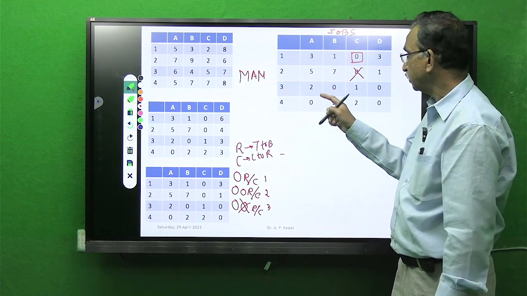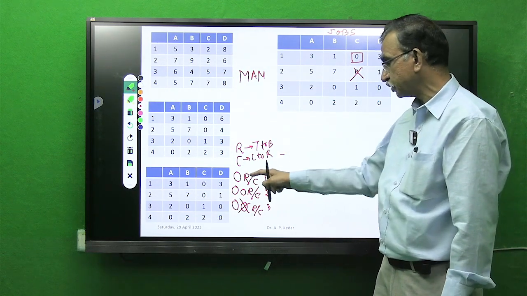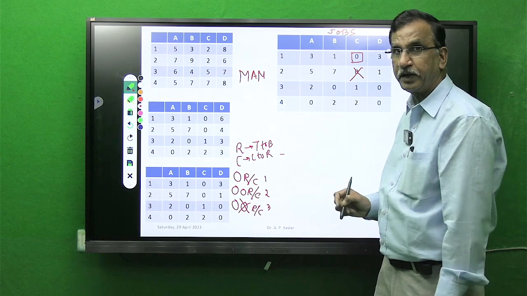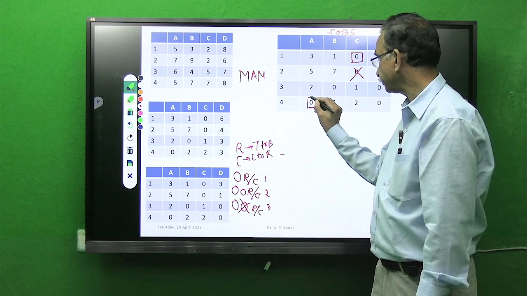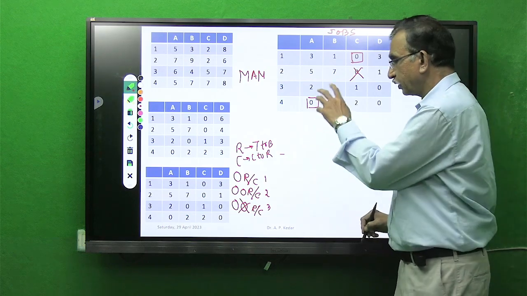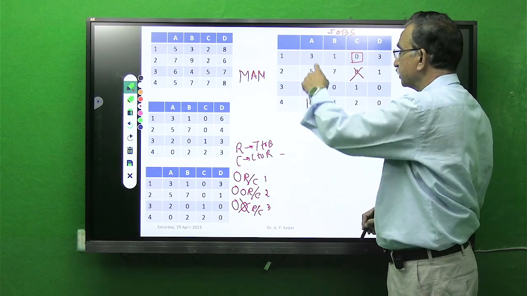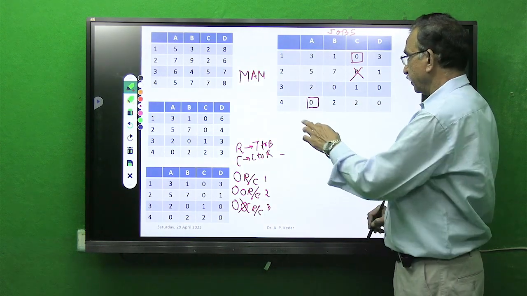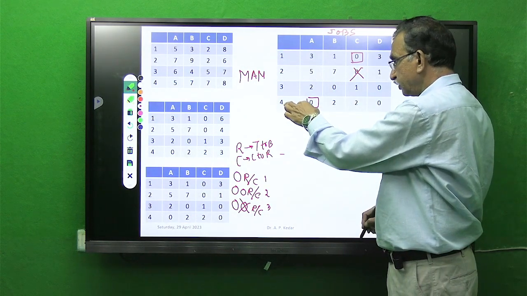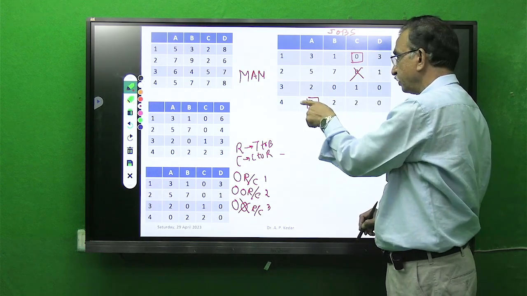And therefore now switching over to columns, I will assign in a column with a single 0. So that is column A. This 0 I will assign. See now, right now man number 4 is assigned job A. Is it possible that the same man number 4 will be assigned to any other job?